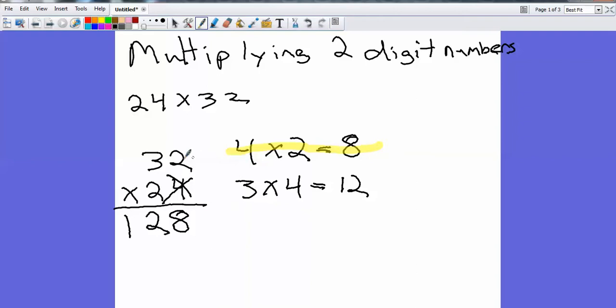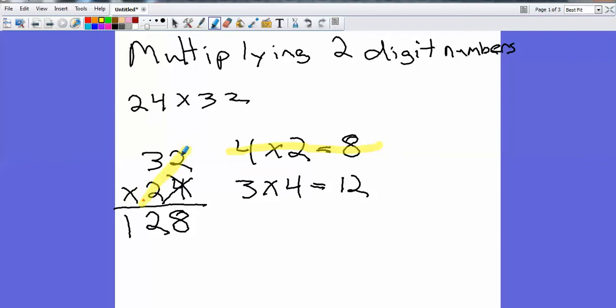Now what you're going to do is take 32 times 20. This is where we're going to use the highlighter. We're going to do this with red. The first thing you're going to do is multiply 2 times 2.